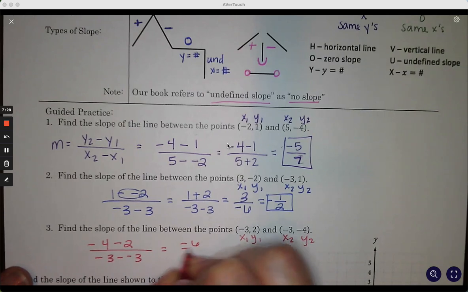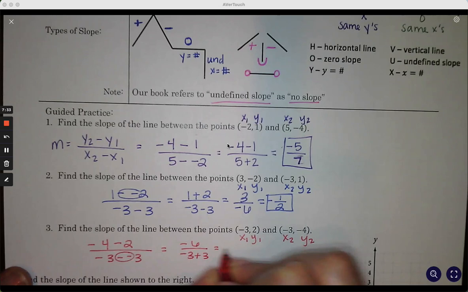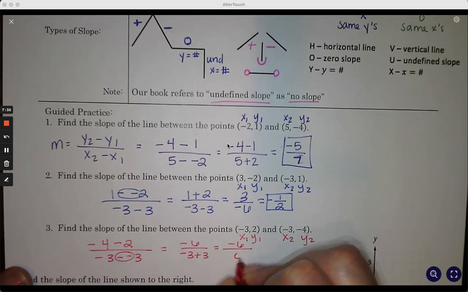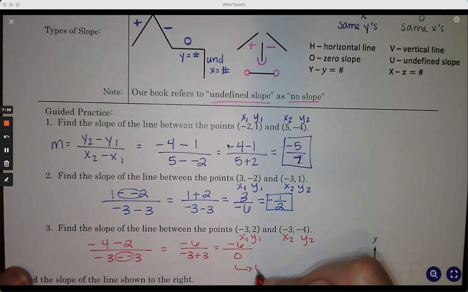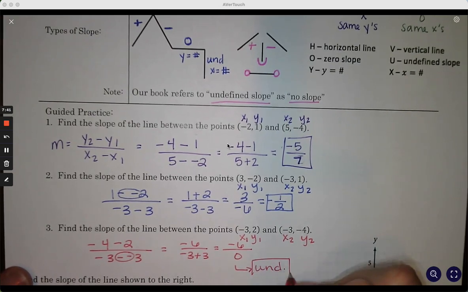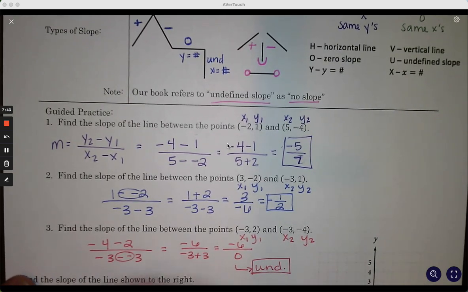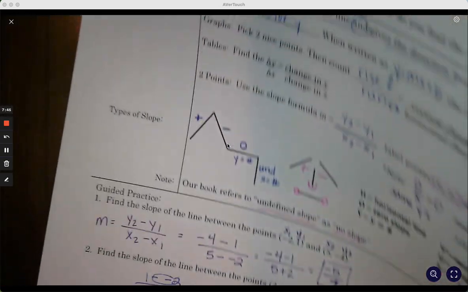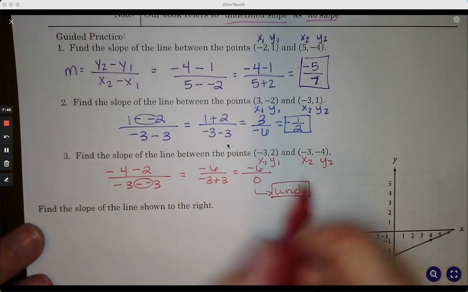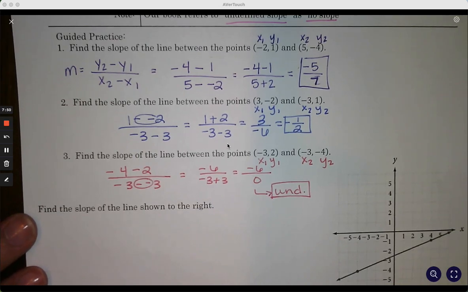So negative 6 over negative 3 plus 3, which is negative 6 over 0, which means we have an undefined slope. Miss Stark, negative 6 divided by 0 is error. Yeah, it's an error because it's undefined. Your calculator is just too lazy to type out undefined, so error is shorter.